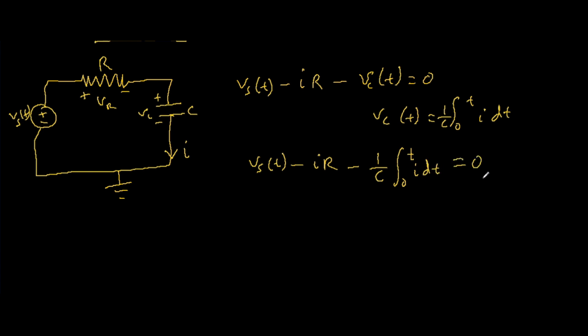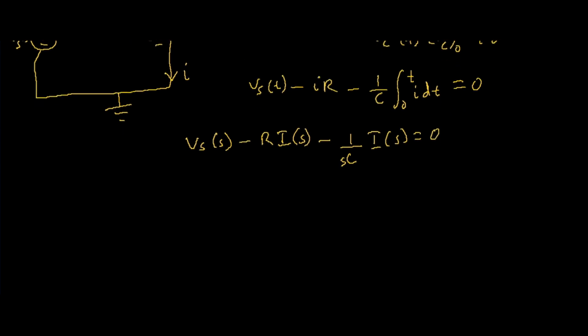Once again, we take the Laplace transform of this system. We have Vs of s minus R I of s minus 1 over c. Now remember, the integral of this, you have an s in your denominator now, 1 over sc, I of s being equal to 0.